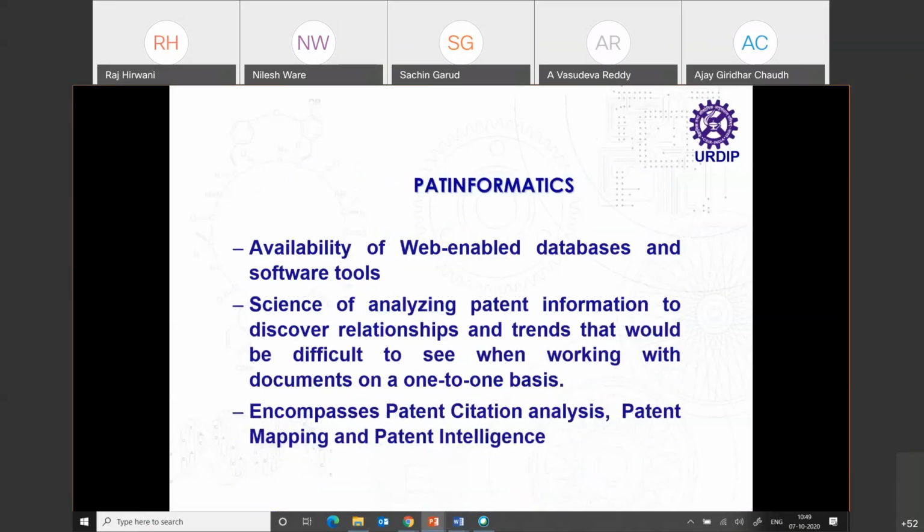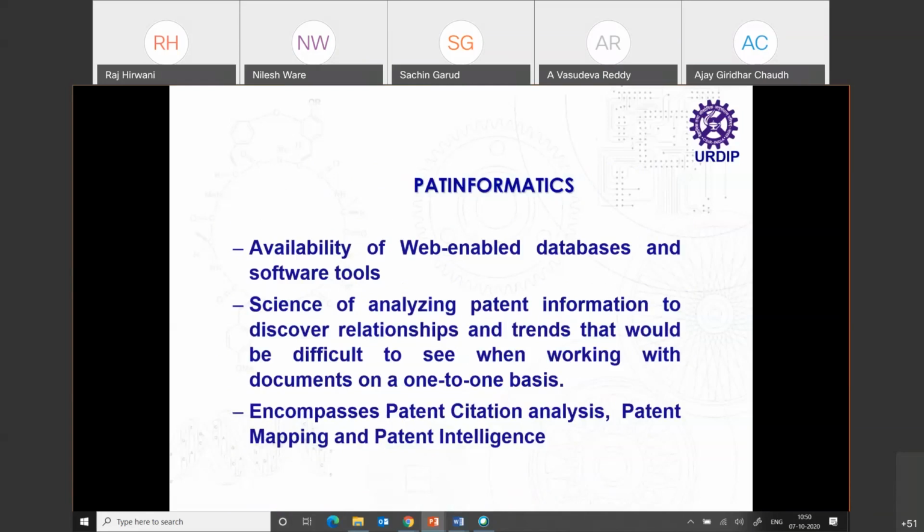What has happened is that the internet has made access to this very easy. So everybody has put their patent database on the web. The first was IBM, which used to maintain a US patent database internally.